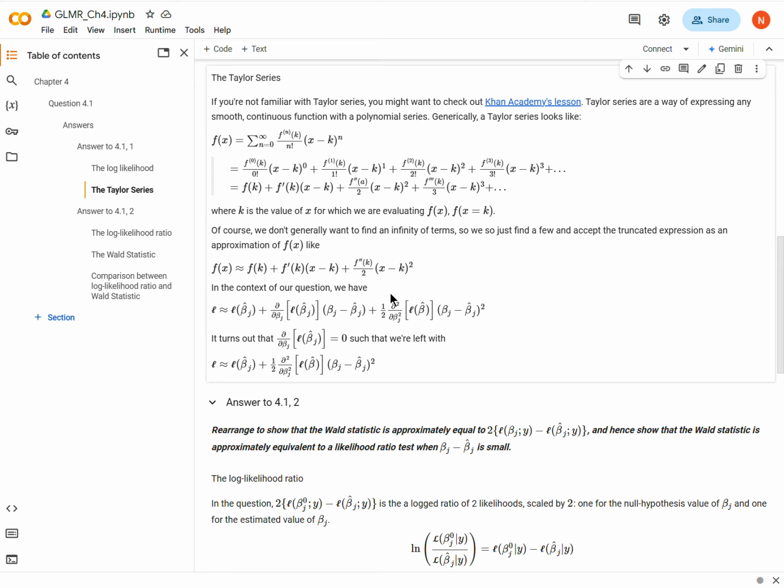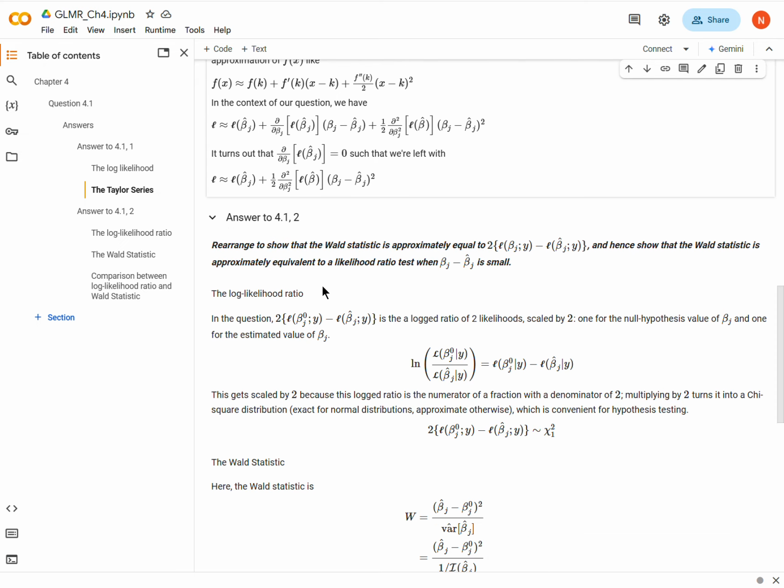You can parse through that for yourself, but the important thing here is that the first derivative of the log likelihood is 0. And so what we're left with is that the log likelihood just equals these terms right here. So this whole middle term drops out. So there's the Taylor series expansion of the log likelihood for us.